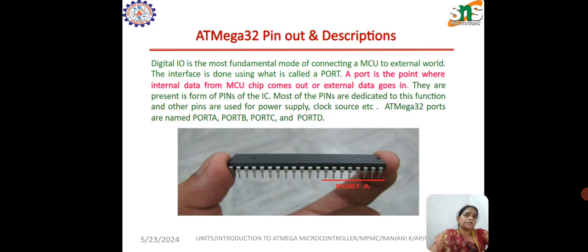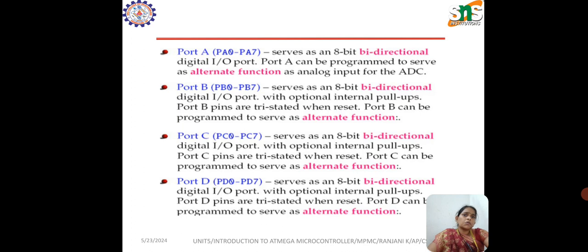And this is the ATMega32 pin out and descriptions. It has 4 ports, that is port A, B, C and D. Port A is PA0 to PA7. It is an 8-bit bidirectional digital input output port. It can be programmed to serve an alternate function as analog input for the ADC, whereas port B is PB0 to PB7.